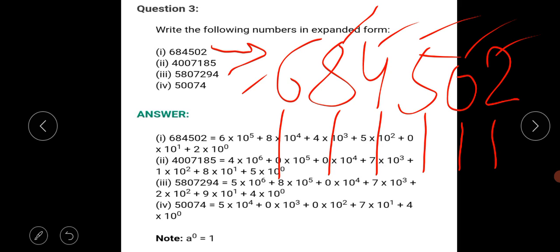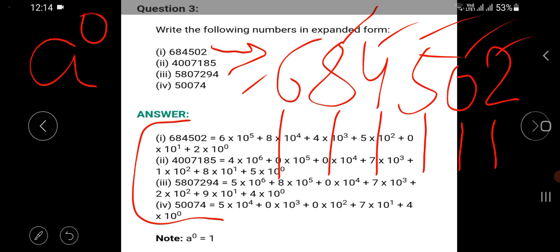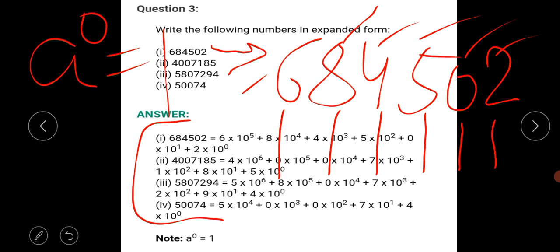Similarly, the next part, 4 into 10 to the power 6 plus 0 into 10 to the power 5 plus 0 into 10 to the power 4 plus 7 into 10 to the power 3 plus 1 into 10 to the power 2 plus 8 into 10 to the power 1 plus 5 into 10 to the power 0. These are the certain parts for this. Please note that we already studied that something with power 0 gives the answer 1.